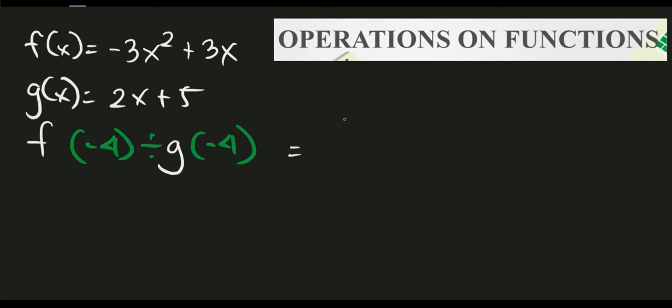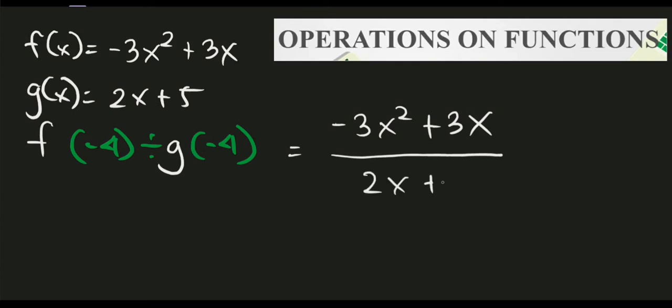So let's try to answer. For function f, we have negative 3x squared plus 3x, all over function g, the denominator or divisor, which is equal to 2x plus 5. For function f, we are asked to assign a value for x that is negative 4. So let's change the values of x.